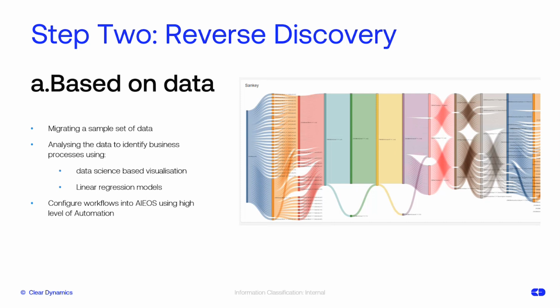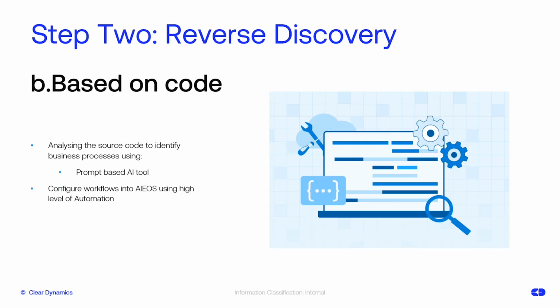So we've got a lot of information, and now we just need to validate with your experts. And the second, and again, we do this in parallel. So we'll have a look at the data to reverse discover some of the processes, but also we'll have a look at the code, especially when it comes to very, very old legacy technology. A lot of that knowledge, a lot of those business rules are really embedded in the code.